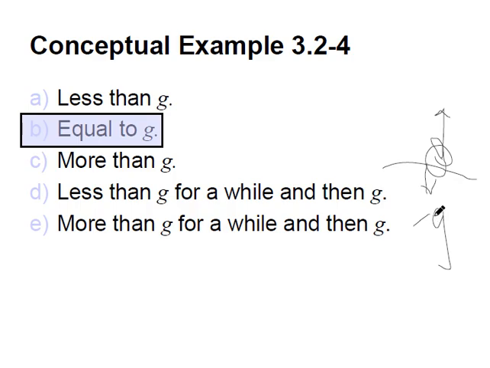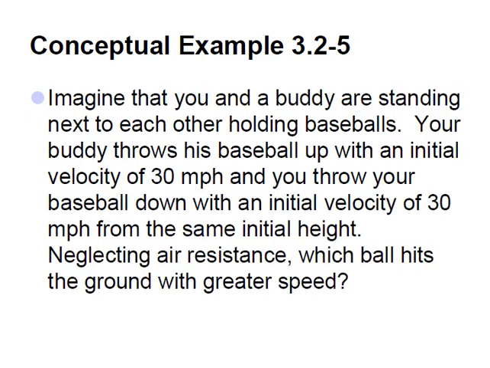In order to overcome it, you have to give the object the same acceleration, which is g, in the opposite direction, because the pull is down. If we want to go up, that's the opposite direction. You have to give the same magnitude of g to let it go, otherwise motion will not happen. So therefore the answer is equal to g.